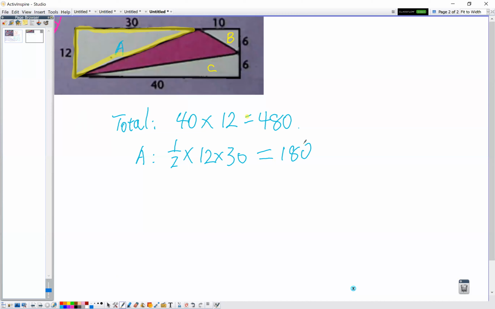And the second one, we can look at B. For part B, we can use half times the base times height, times by 10 times by 6. So half times 10 is 5. 5 times 6 is 30. See?